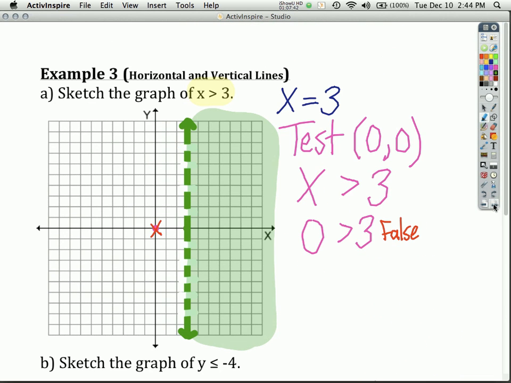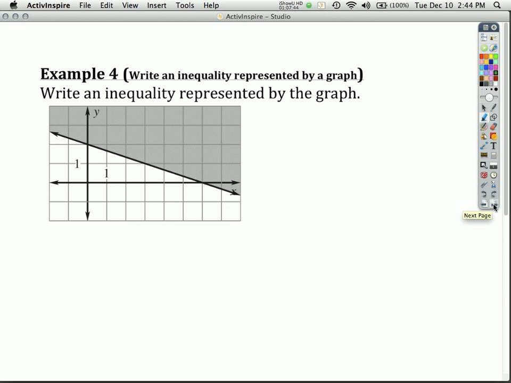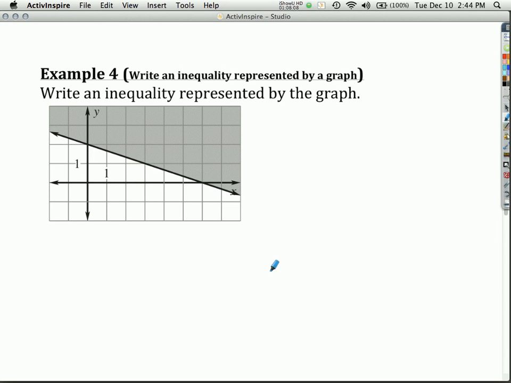Good. We have one last goal for the day, and that is to be able to go in reverse. So what we've done is we've taken inequalities and we've graphed them. So we've done 4 of them. But now, and you do not need to draw this graph, you just need to look at it. Now, we need to write an inequality from the graph.